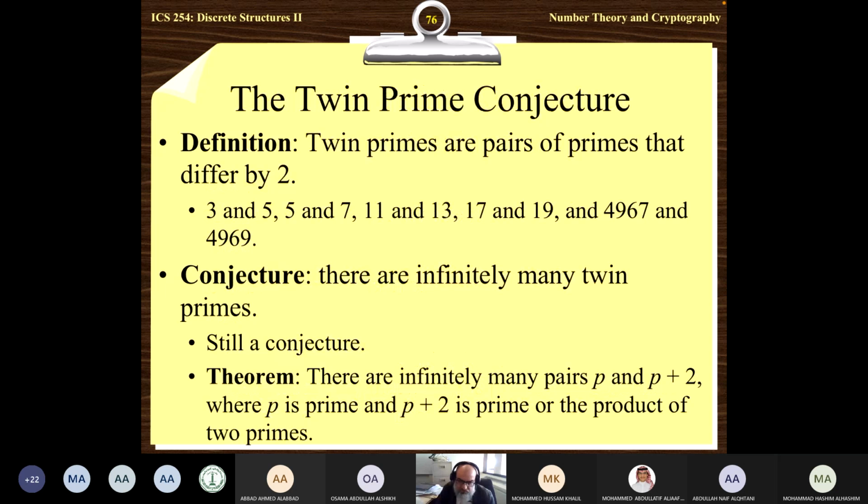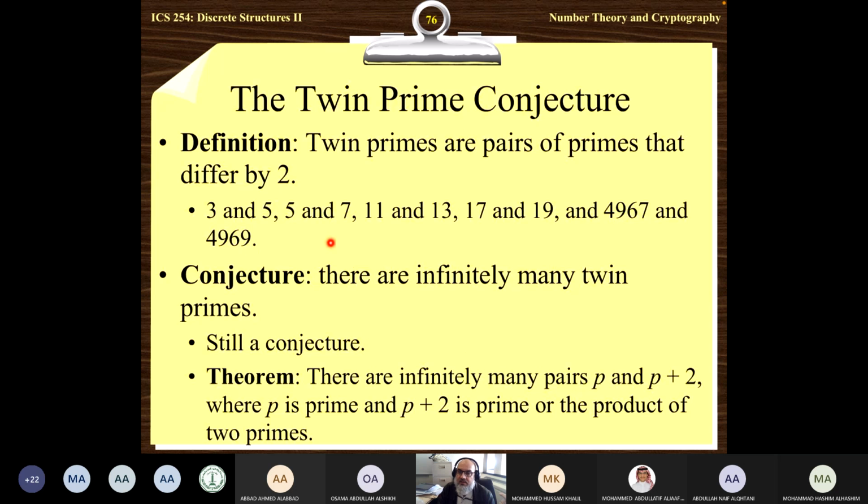Twin prime conjecture. Twin primes are pairs of primes that differ by 2. For example, 3 and 5, both are prime, the difference is 2. 5 and 7, difference is 2. 11 and 13. 17 and 19. 4,967 and 4,969.